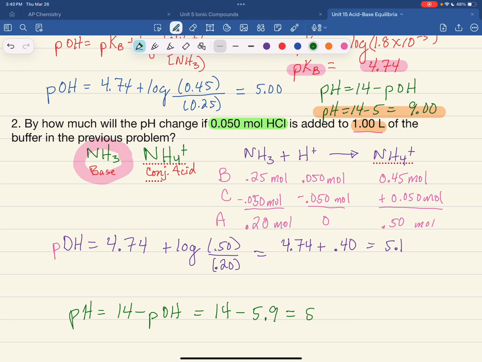So we're going to do 14 minus 5.1, which gives me 8.86. I don't know why I got that. How did I get that? I had 14 minus, oh, I see. Here's where I went wrong. Where's my eraser? I had 4.96 right here. So much for my cheat sheet.